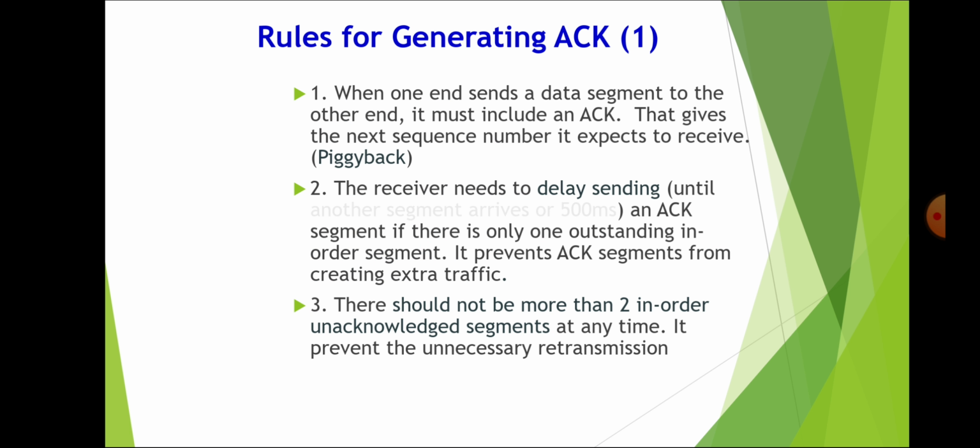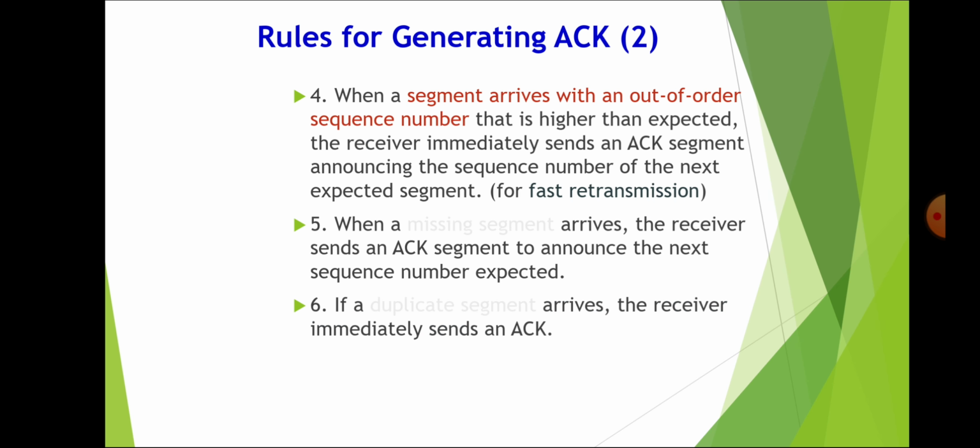Suppose you send 2 frames and still have not received the acknowledgement of both, and you are still sending the next data. This is not allowed. If an acknowledgement is not received for the last sent segment, you have to handle that packet as soon as possible; you should not wait for 2 unacknowledged segments.